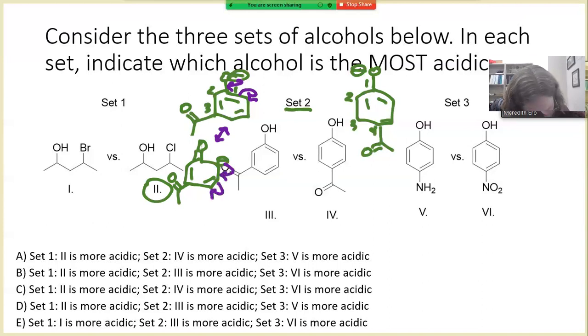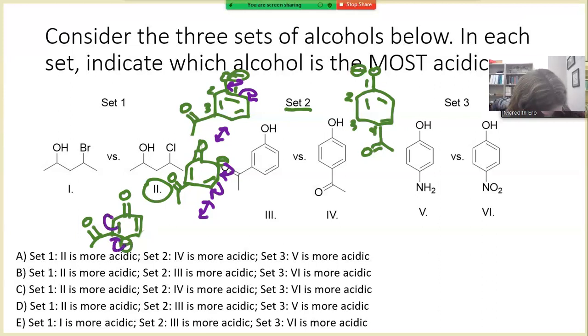So we're going to keep pushing the electron density around. This gives us this molecule, oops, sorry, I put the negative charge in the wrong spot. Right here. Okay, that also, again, is not helping us a whole ton because we're not quite sure what the significance of the acetyl group is. So let's draw one more, and that will hopefully help explain this a lot more.